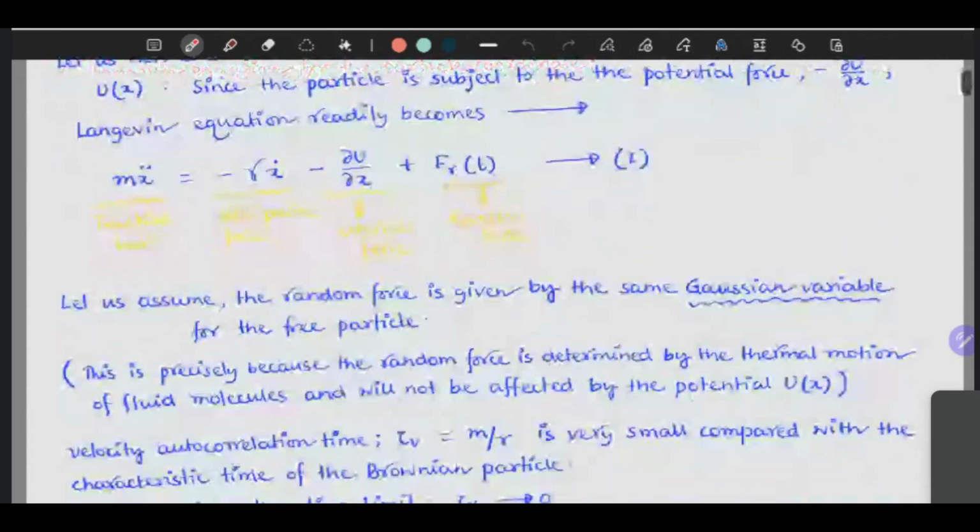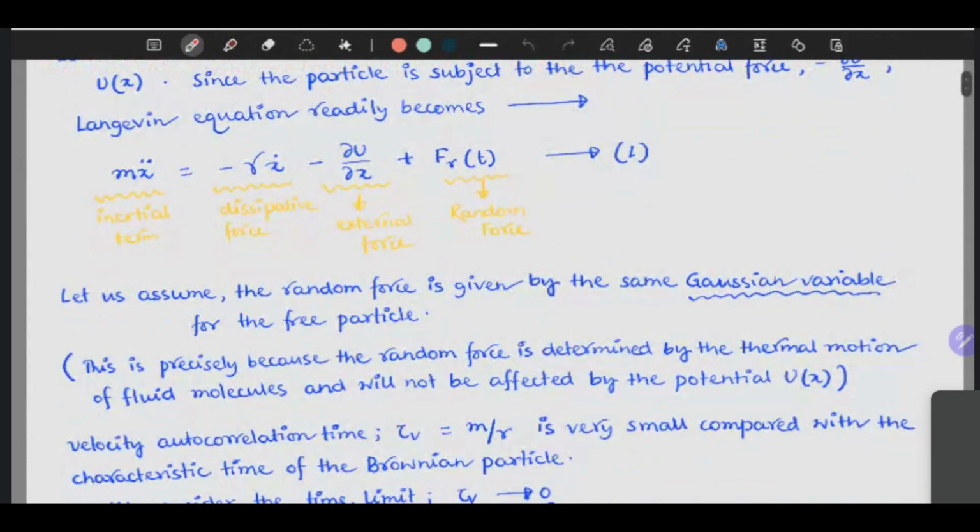And this random force is due to the thermal motions, or thermal agitations, of the media they are in, and we knew that the random force is given by a Gaussian variable, which is similar to the free particle. What we are trying to say is this random force does not depend upon what is the external potential if we introduce.